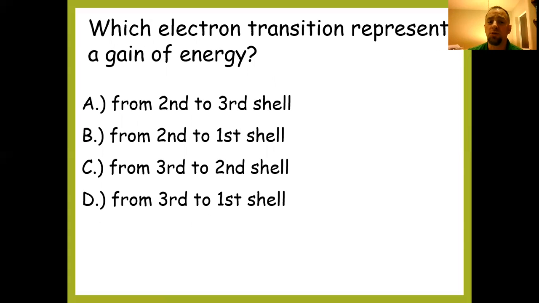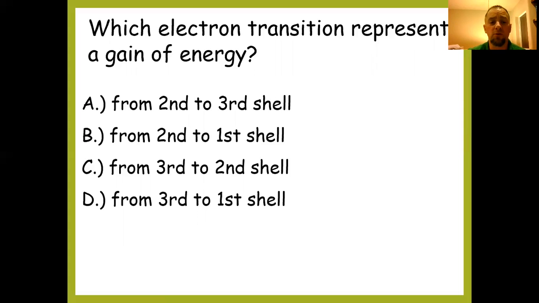Which electron transition represents a gain of energy? Well, if we're looking at an electron that moves from one energy shell to another energy shell, and it gained energy to do that, is it going to move further from the nucleus or is it going to move closer to the nucleus?